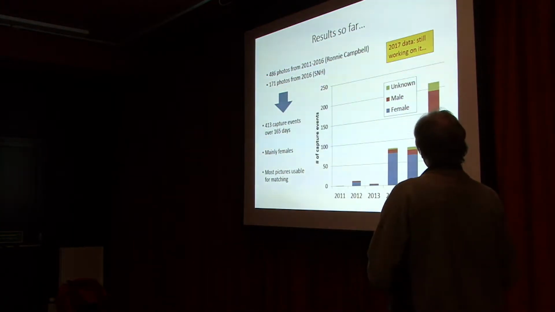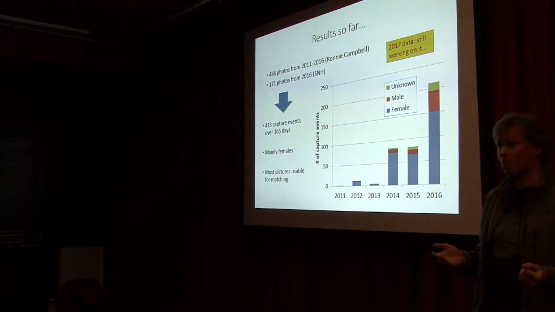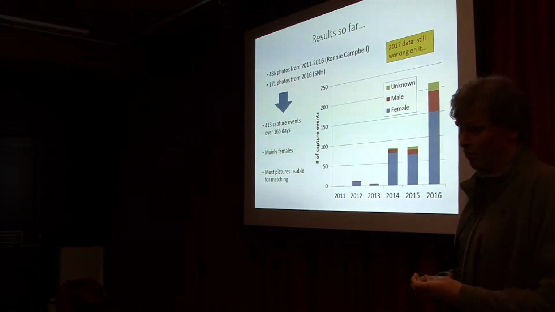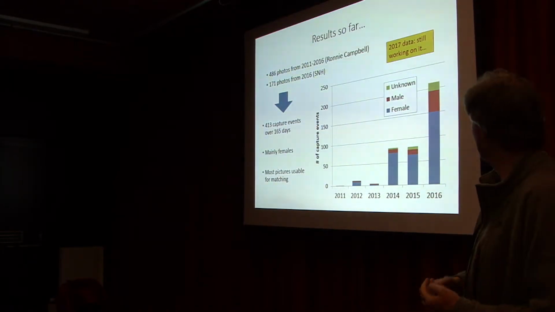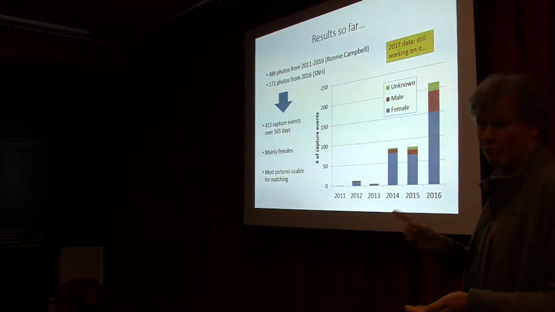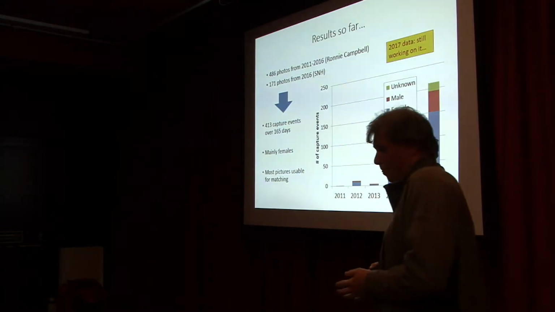You'll see that the bulk of the data is actually concentrated in these last 3 years. 2016 was a particularly good year, so there are a lot of individual capture events in this graph. Each event represents an individual skate, but some of those may have been recaptured multiple times.